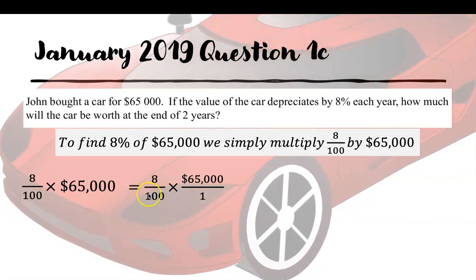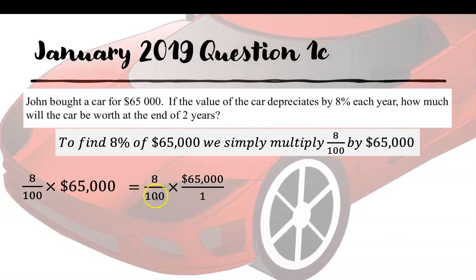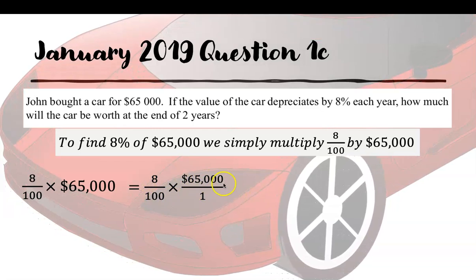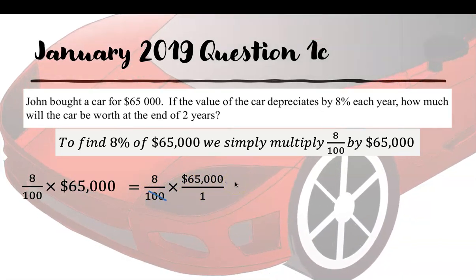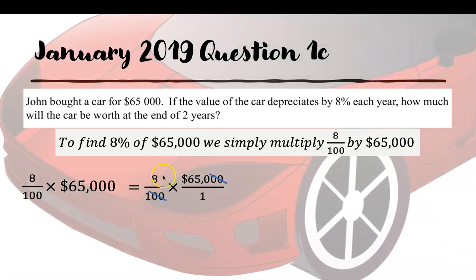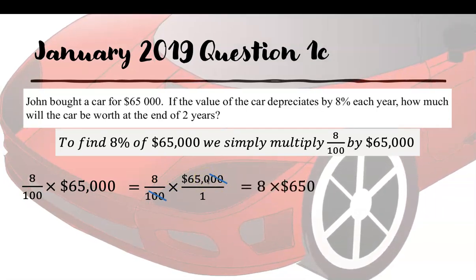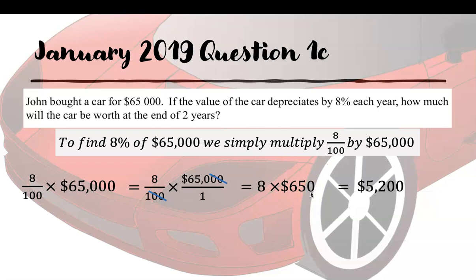So we can cancel. We say 100, we have $65,000. So how many $100 go into $65,000? Cancel the zeros, 2 zeros each, and we're left with 650. So now we're saying 650 $100 bills make up 65,000. 8 multiplied by 650 gives us $5,200.